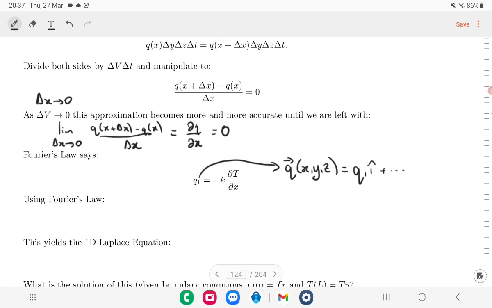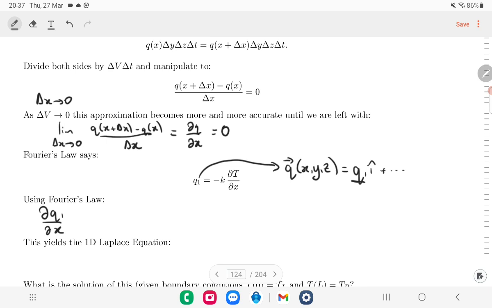So now that's Fourier's law. We have partial Q, and really Q1 is what it's saying. We're looking at partial Q1 partial x.